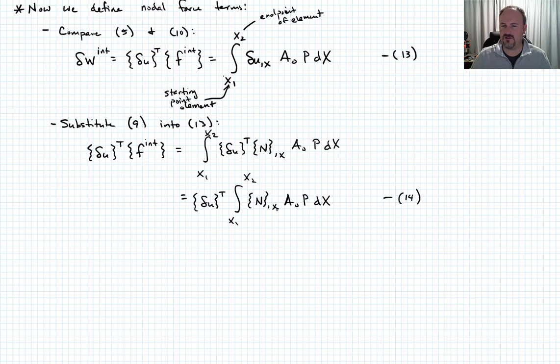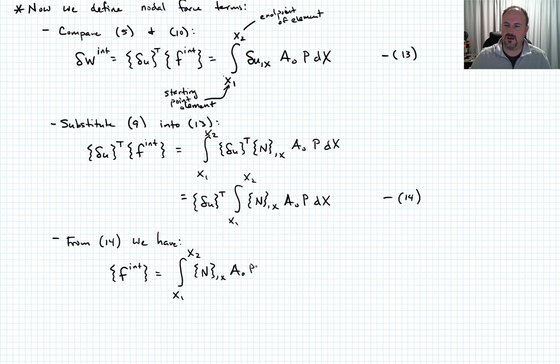So I can just look at equation 14 and tell you what this f int term looks like, okay? So from equation 14, we have the following. Right, we have that f int is going to be equal to the integral from x1 to x2 of n comma x times a naught p dx. Call that equation 15.